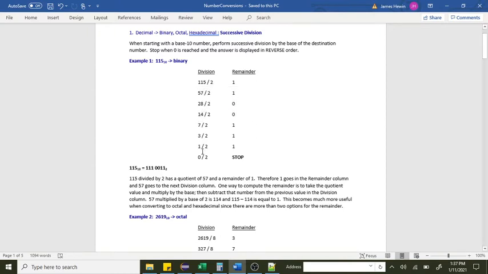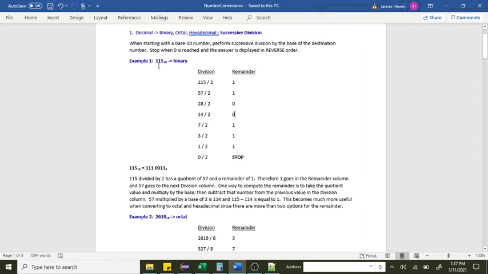Then I get down here, 1 divided by 2 gives me 0 with a remainder of 1. Once I reach 0, that's where the algorithm ends. My answer is going to be in reverse order, so I'm not going to read it top to bottom, it's going to go bottom to top.